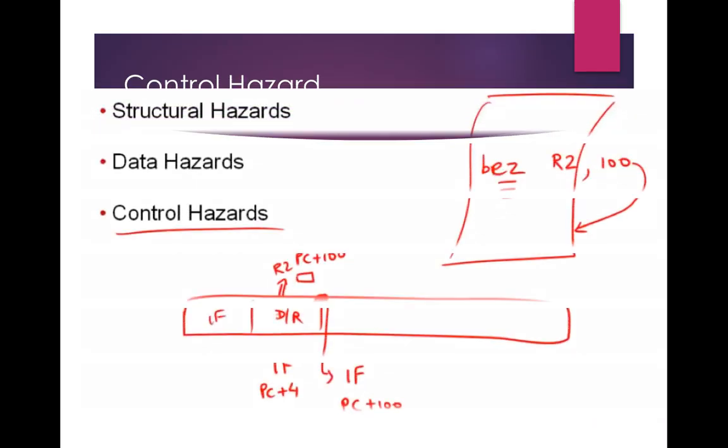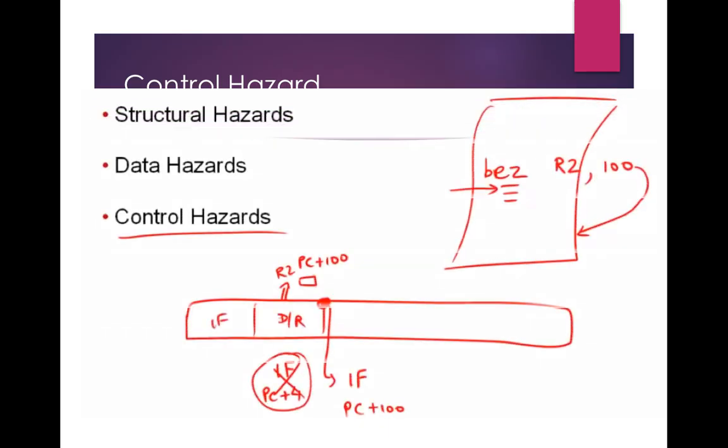Initially the second instruction is fetched as usual in pipelining, not knowing that it is a branch instruction. We try to execute the second instruction, but the processor has to go to location 100, and we learn this only at the end of clock cycle 2.